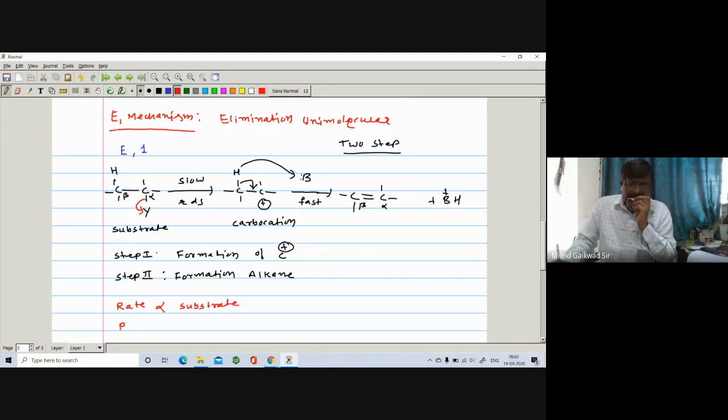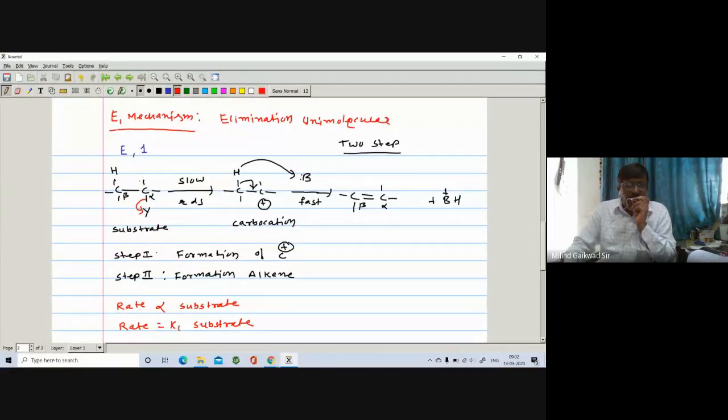So the rate of reaction is equal to K1 times the substrate. So it is a unimolecular reaction, right?